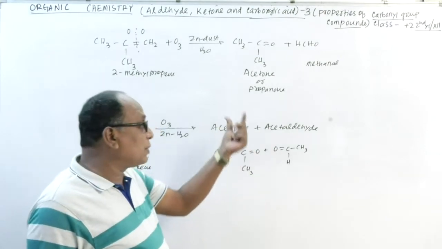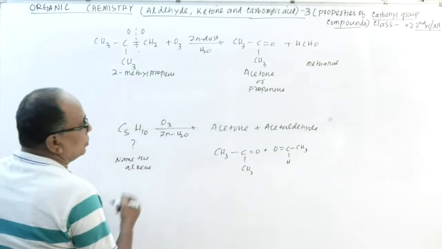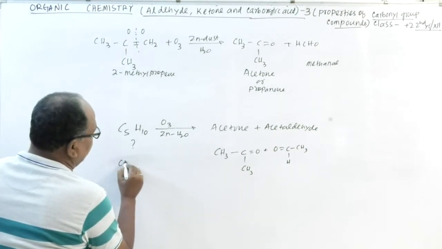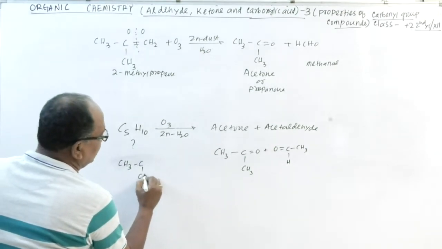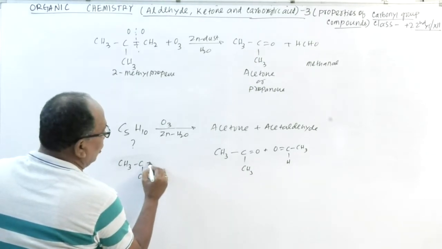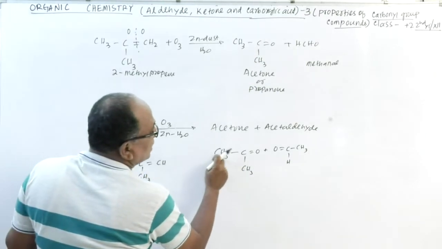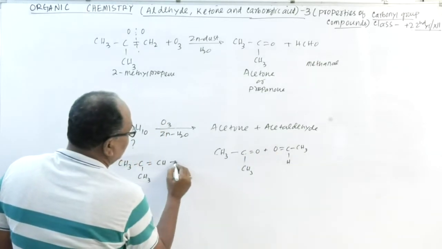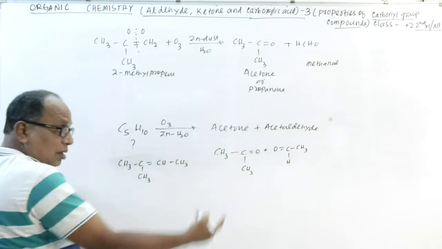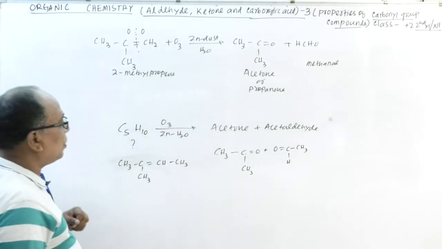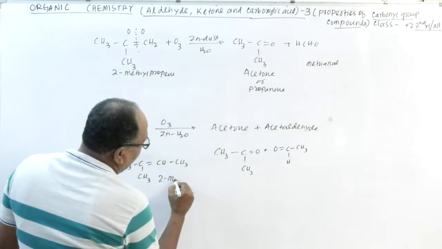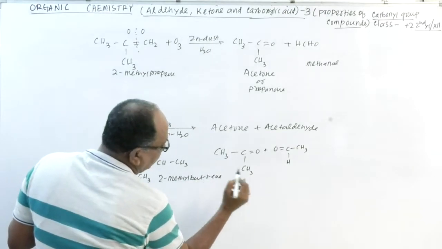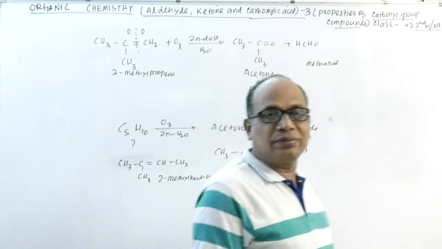So when you remove them, you can give the structure of the alkene: (CH3)2C=CH-CH3. This ozonolysis gives you that product. This is called 2-methylbut-2-ene.